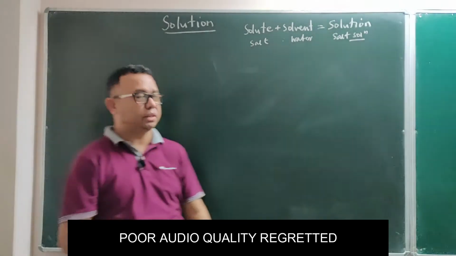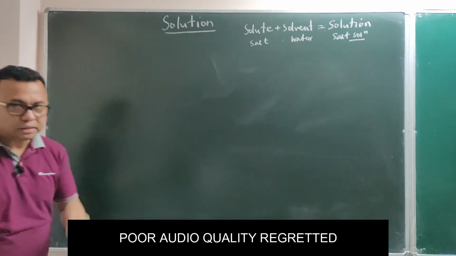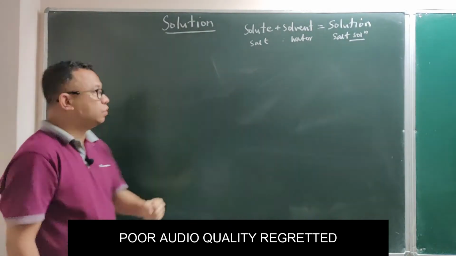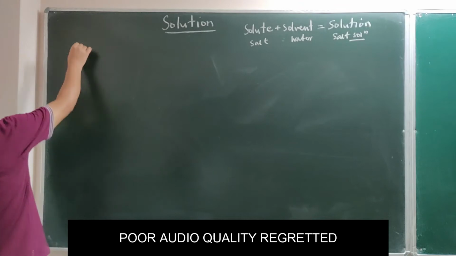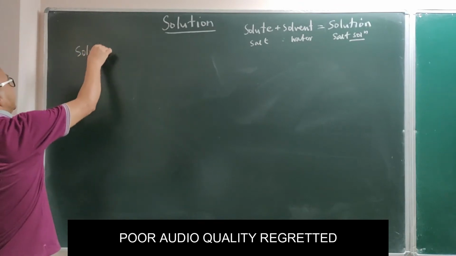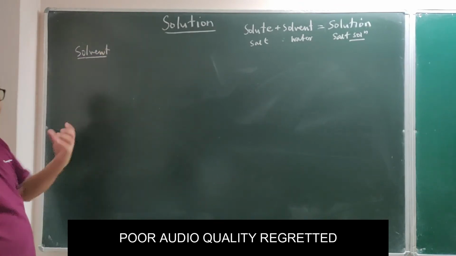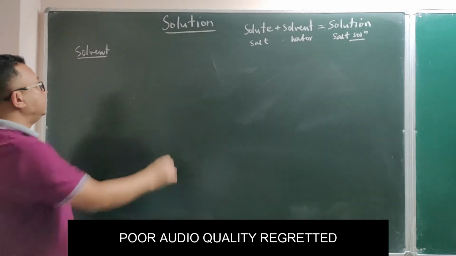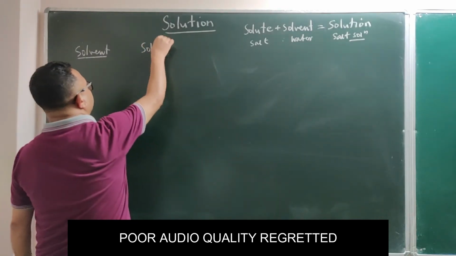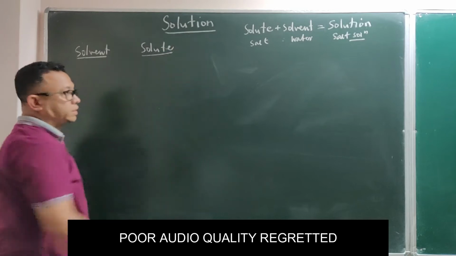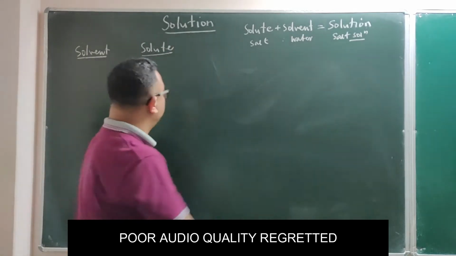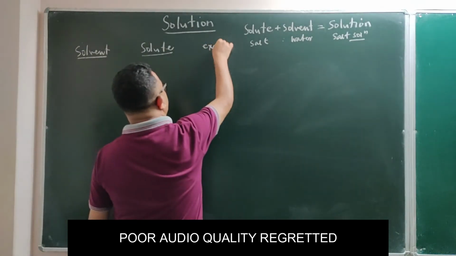So to understand the classification of solution, I'll roughly classify it something like this. Nature of the solvent, first I'll discuss with solvent, then nature of the solute, then we will also discuss some examples related to this one. Let's see examples.